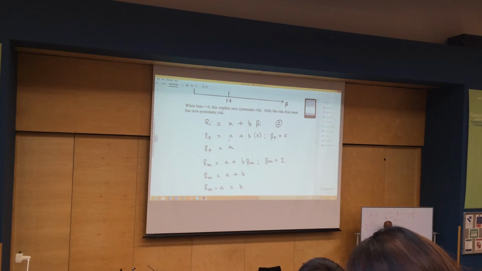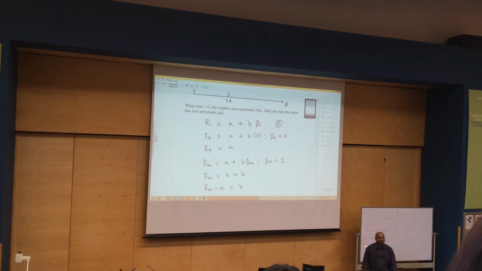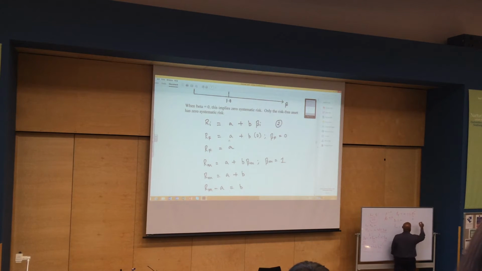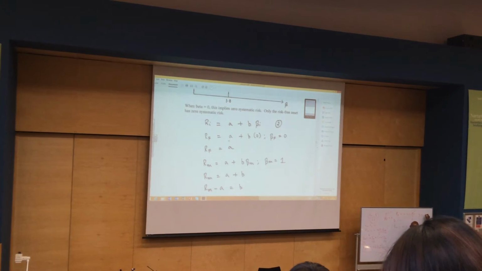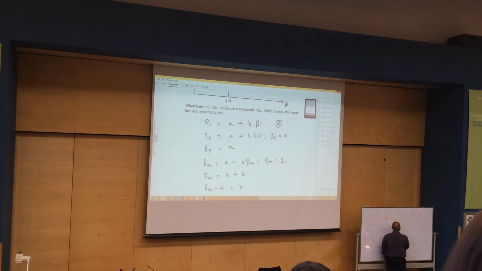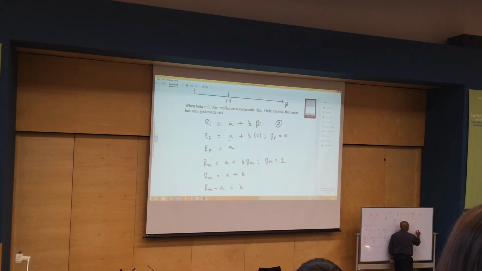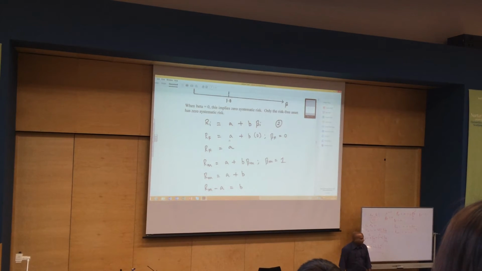Similarly, the market portfolio has a similar equation. But the market portfolio beta is equal to what? Beta is equal to 1. So this is equal to A plus B. Right? That's 1. A plus B. What's B equal to?